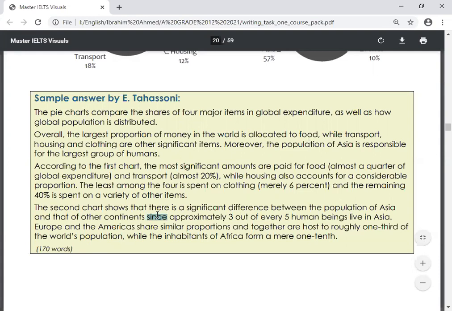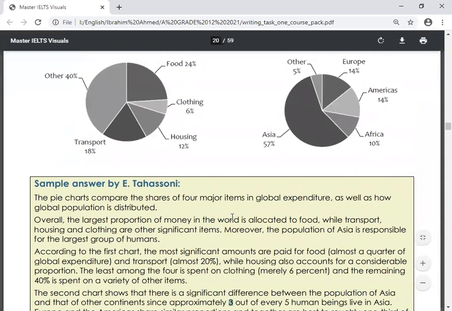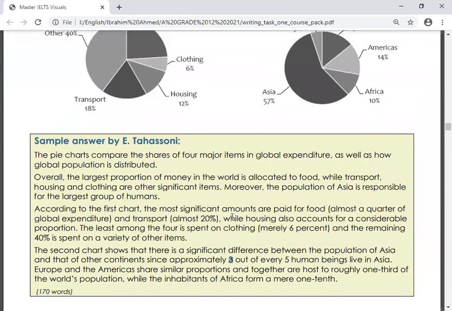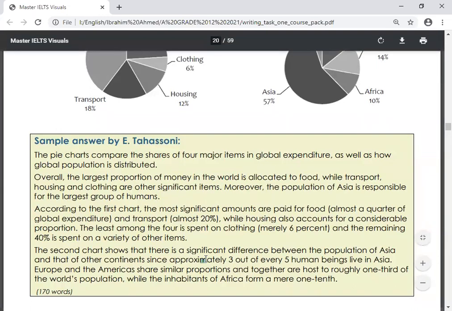Since here means because, approximately 3 out of every 5, this means about 60%. And you know that in Asia lives about 57% of the world population. So since approximately, roughly, about, slightly below 3 out of every 5 human beings live in Asia.